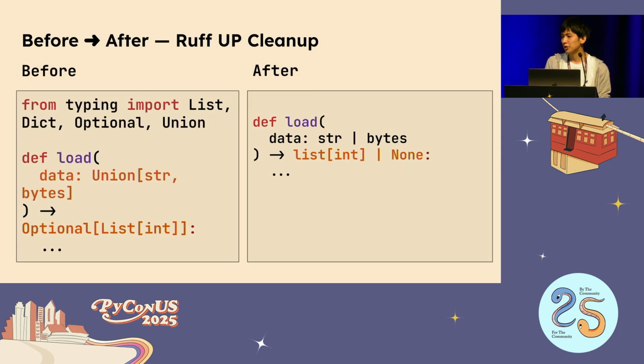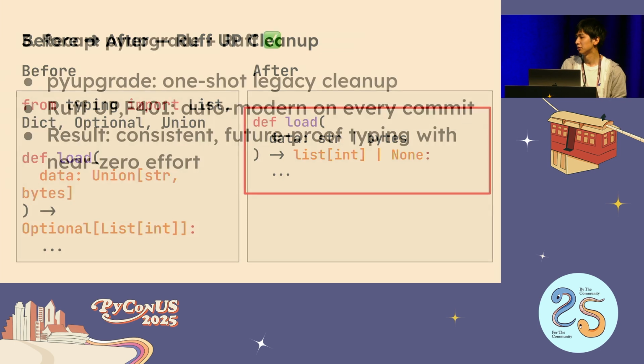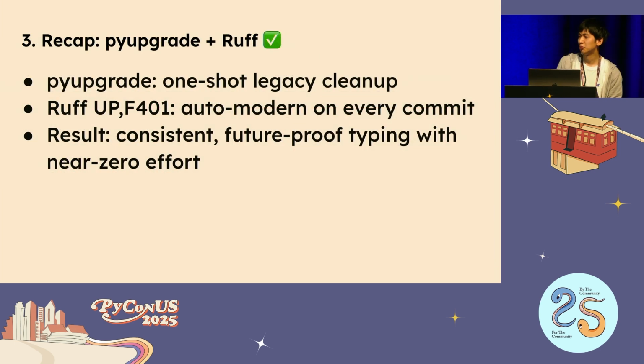So okay, run ruff check. After Ruff, we can remove the unused code. It's very clean. Then of course, you should include other lints like flake8 and other variants in Ruff. Recap: pyupgrade with Ruff is very cool. So we should use this option to upgrade the existing project.